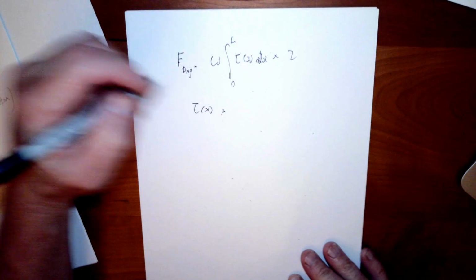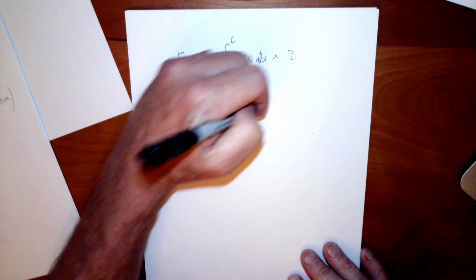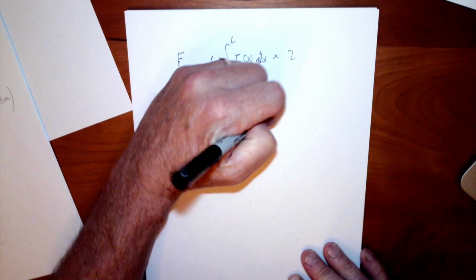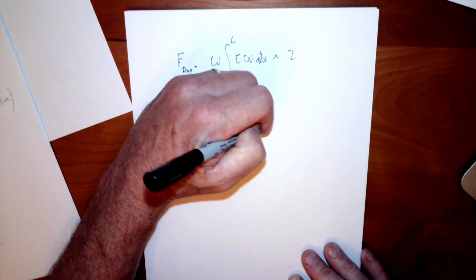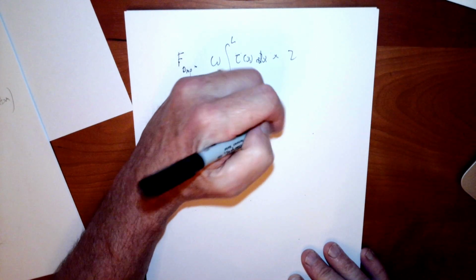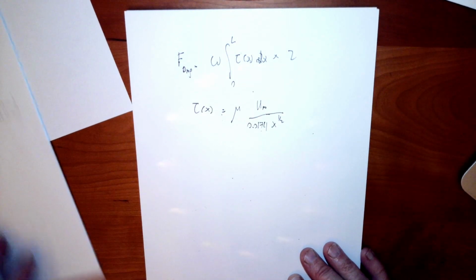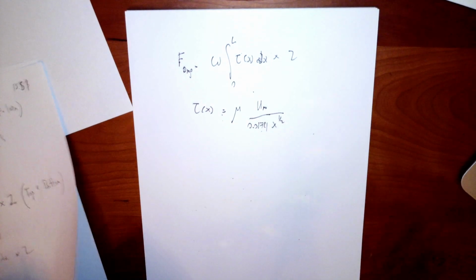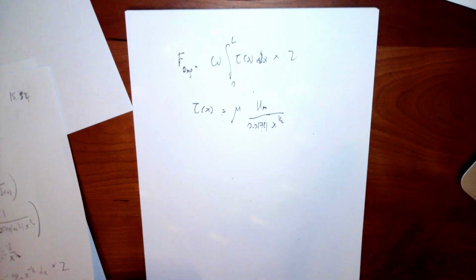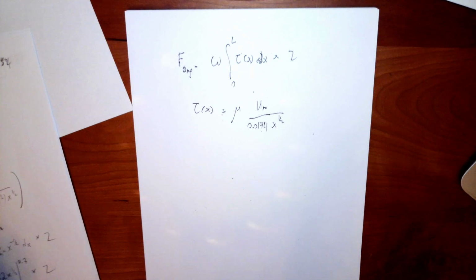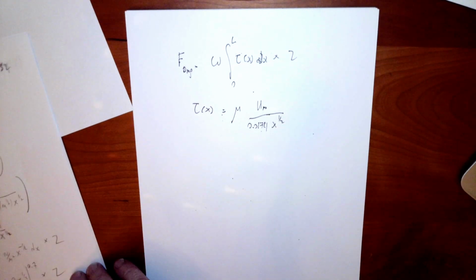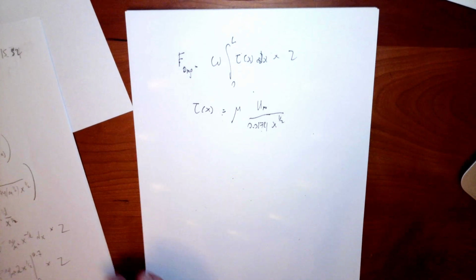The tau of x we came up with was mu u infinity over 0.0174 times x to the 1/2. So that's my expression for tau as a function of x. So I'm going to put that in to my integral.